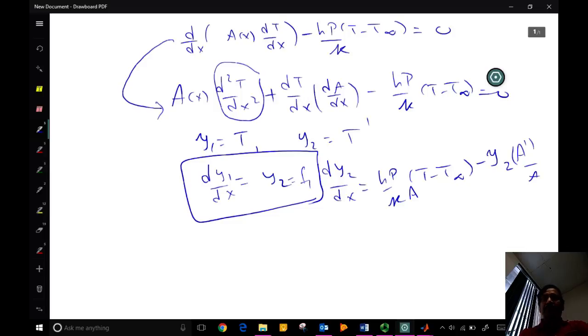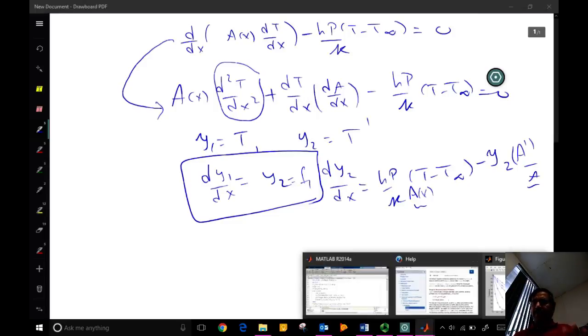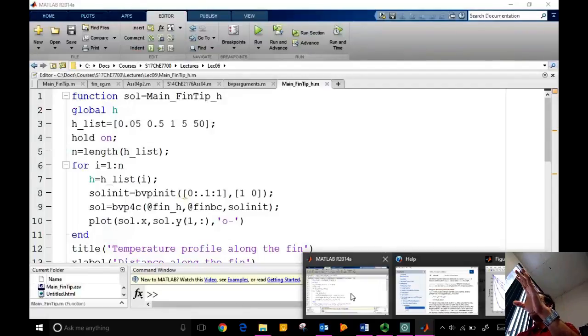So I've taken A(x), divided everything, and then the second derivative dy2/dx is hP (T minus T infinity) divided by k times A, but this A is going to be a function of x, and minus y2 times A prime over A. So when MATLAB gets that value of x inside that function, it will use it to calculate A and A prime. So you need to have an expression in MATLAB. If I'm beating it to death, tell me, I'll stop. You got it? Got the idea? All of you got the idea?